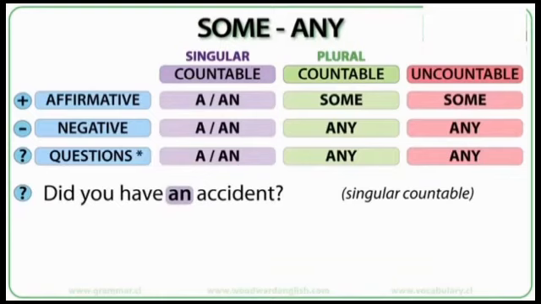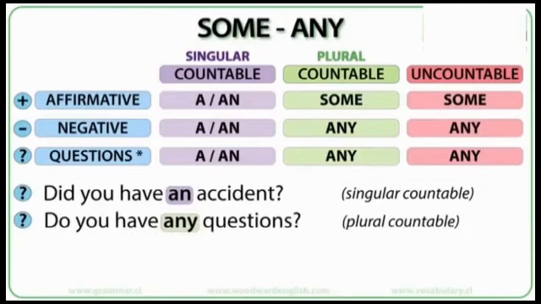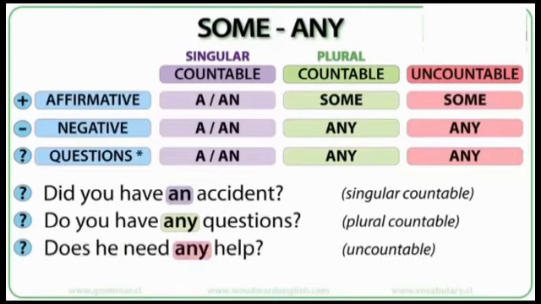We used an because accident is a singular countable noun. Now, do you have any questions? We use any because the word questions is a plural countable noun. Does he need any help? We use any because help is an uncountable noun.